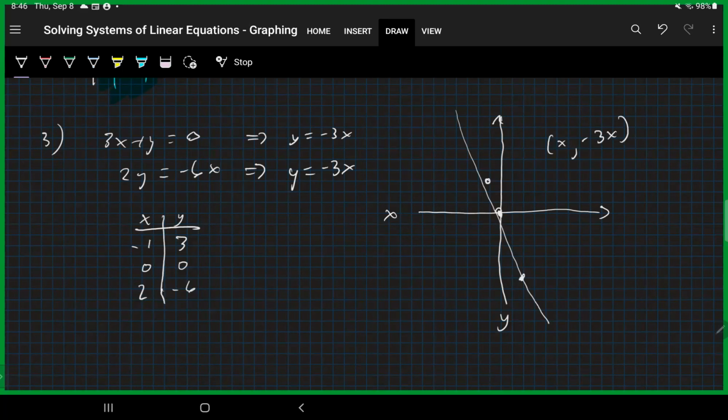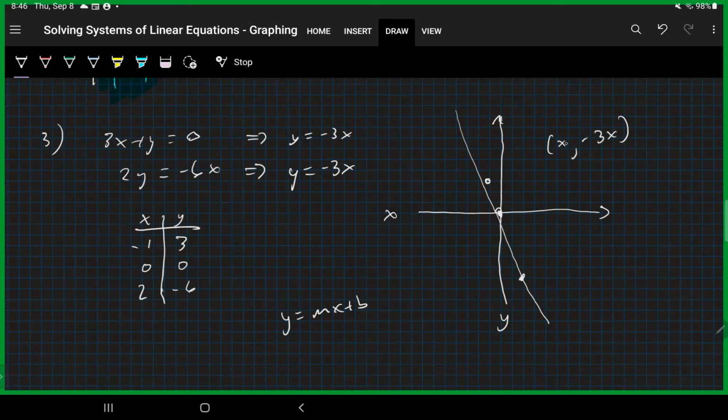So don't forget that y is mx plus b, where y depends on x. And if WebAssign wants you to enter your answer as a point, you're going to put in x because x can be anything, because this is a line and a line has an infinite number of points.